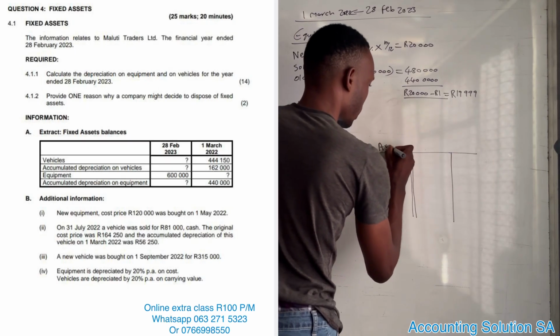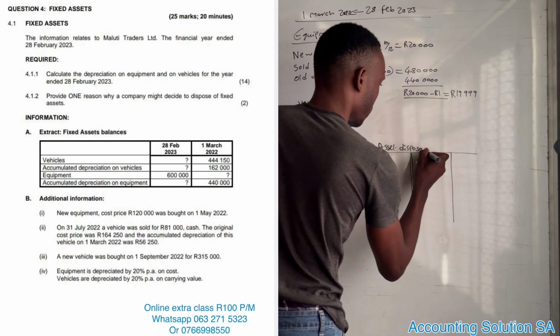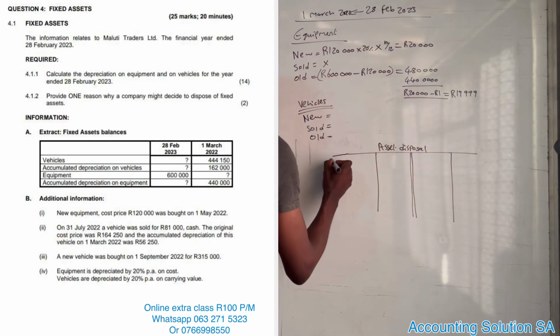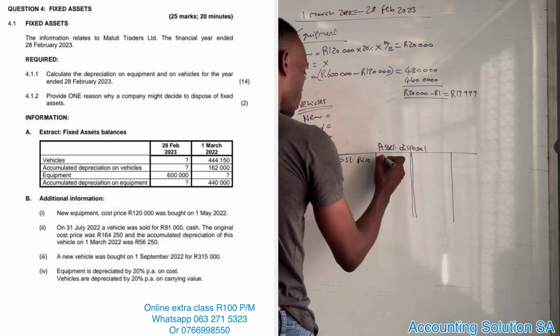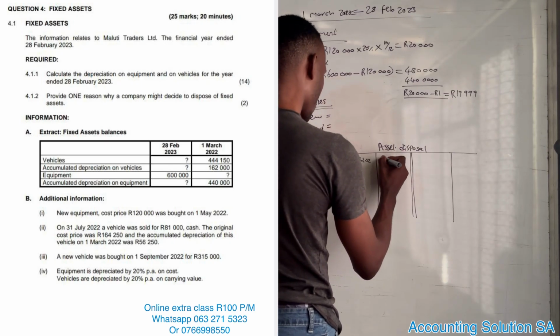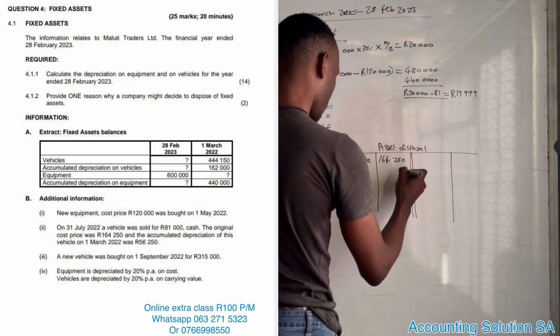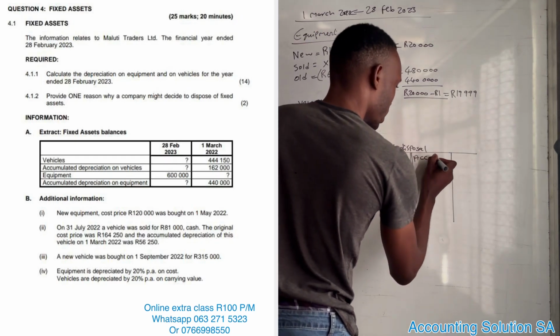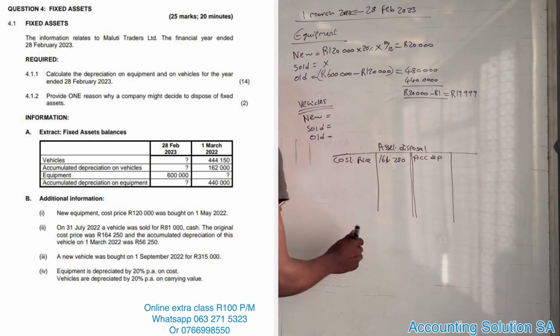Assets disposal. On this side we put the cost price, and the cost price of this sold one was 164,250. This side we put accumulated depreciation. That's where we are also going to calculate the depreciation that we need here.